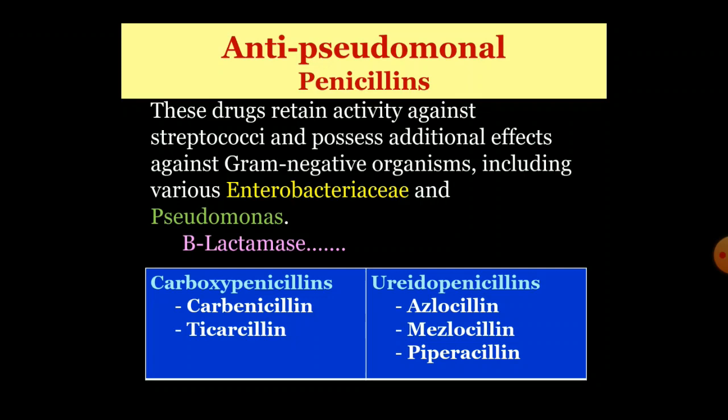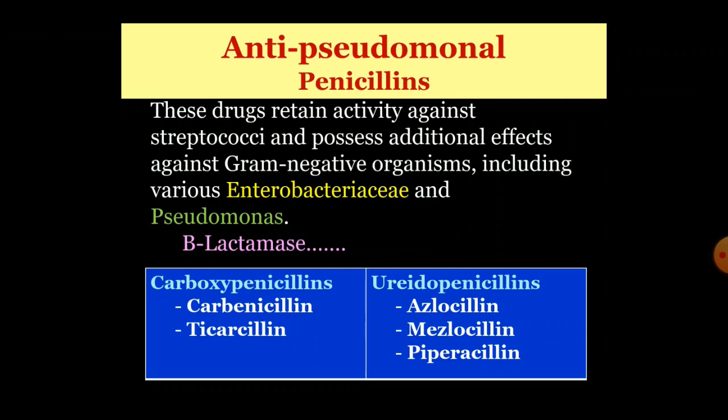Now, the limitations of these penicillins are plenty, but I'm just highlighting two over here. The first one is they are not resistant to beta-lactamase, and the second one is the spectrum is broader in comparison to penicillin G or natural penicillins, but still there are some dangerous bacteria which are not affected by these penicillins, and one of the most common bacteria is Pseudomonas aeruginosa.